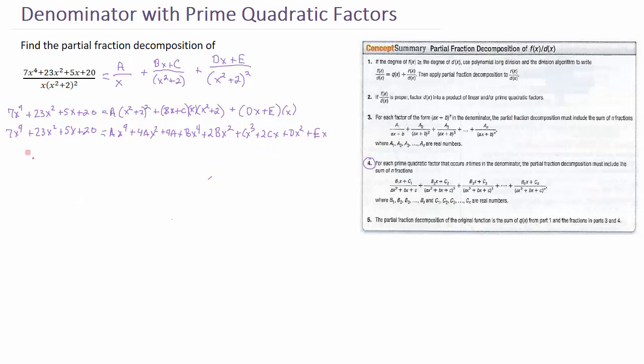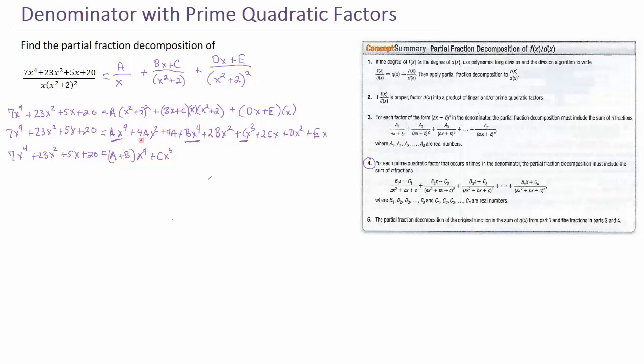So now let's try to combine all of our like terms. So 7x to the 4th plus 23x squared plus 5x plus 20 equals. We got an x to the fourth term and an x to the fourth term here. So we get an A plus B x to the fourth. We only have one x to the third term. So plus C x to the third. That's nice.